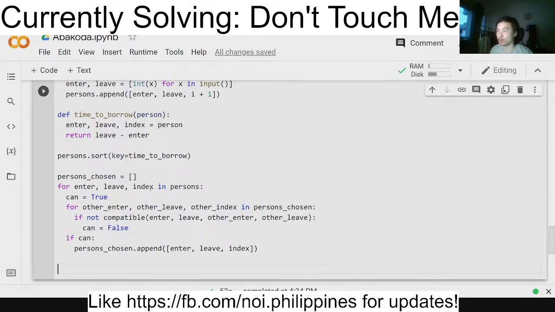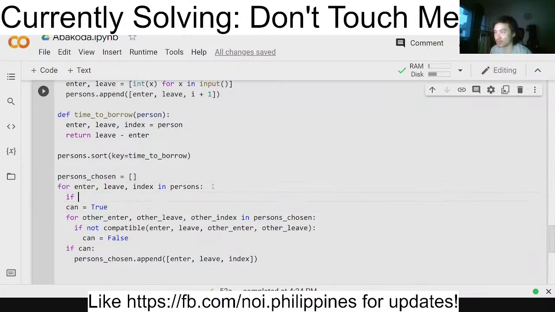And how do you do this compatible check? Well, that's exactly problem A, right? So we don't have to do that again. You can simplify this a little bit. This is actually Python magic. You can do like if all compatible.